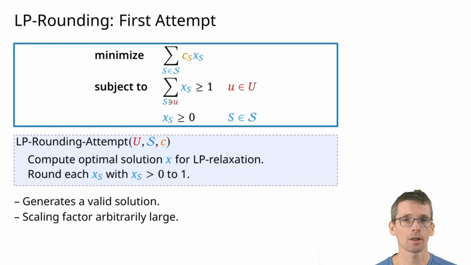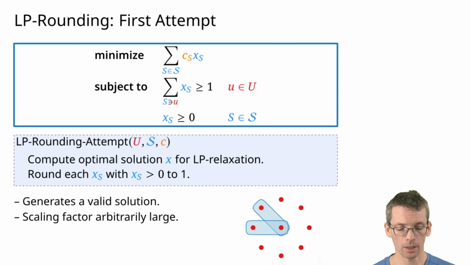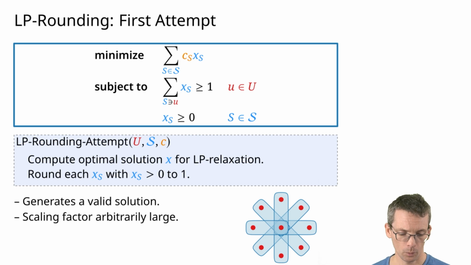And we can see that by the following example. These are my elements, and I have many sets. So these are not yet many sets, but with these sets I can already cover it. So if I have, let's say, n points, this is n-1 sets.